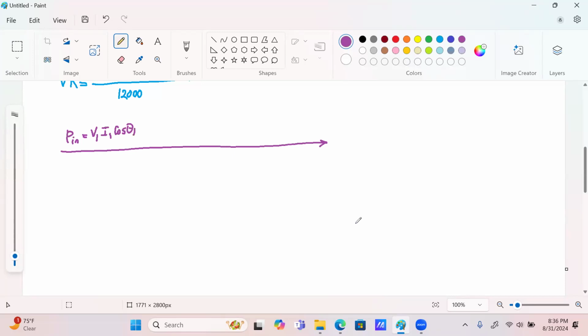Theta 1 is the angle difference between the voltage and the current on the primary side. The first component that is subtracted from that is the copper losses on the primary side, which is going to be R1 I1 squared. Notice that this is power losses, so we're dealing with the scalar value of I1, in other words, the RMS value. This is not I1 tilde.